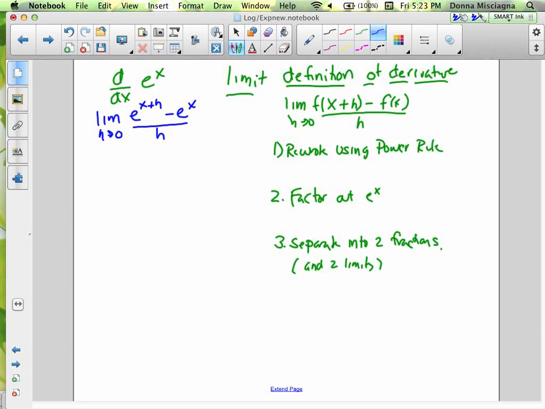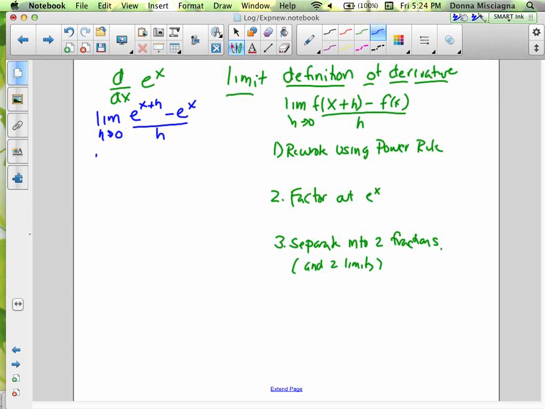Let's rewrite that using the power rule. Right? So just like if we multiply like bases raised to a power, we add the exponents, if we see we've added exponents, we must have multiplied like bases raised to a power.